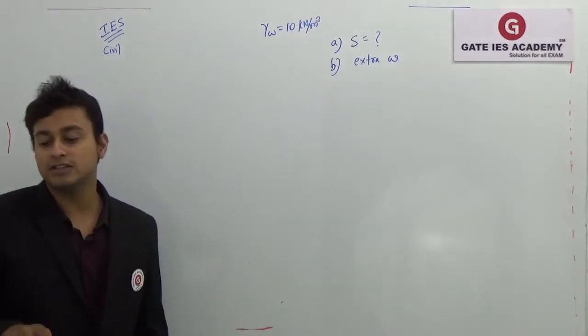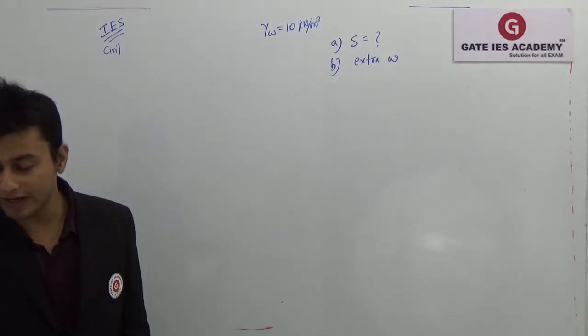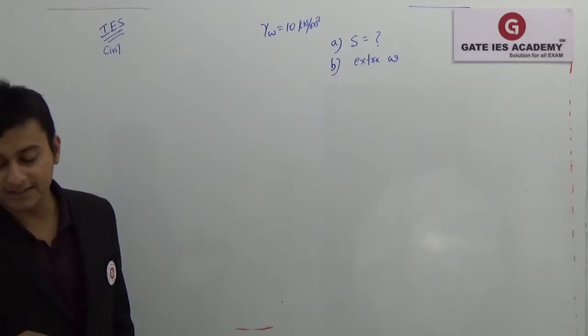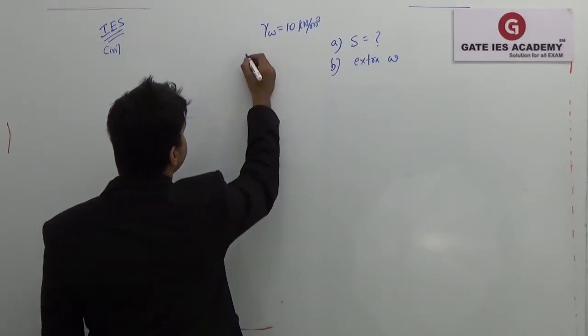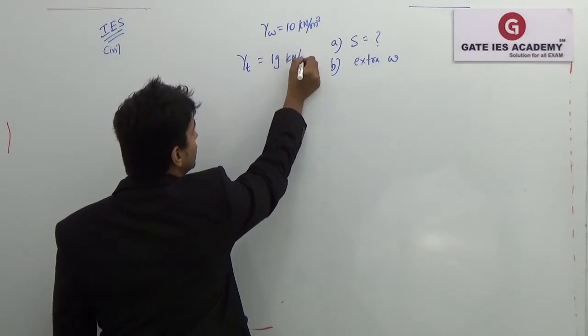So what are the values given? Let's read the question once again. They have given the bulk unit weight of the soil specimen as 19. So gamma T given initially is equal to 19 kilonewton per meter cube.